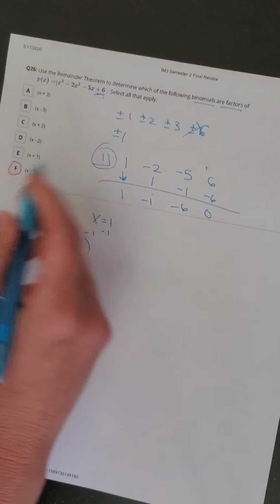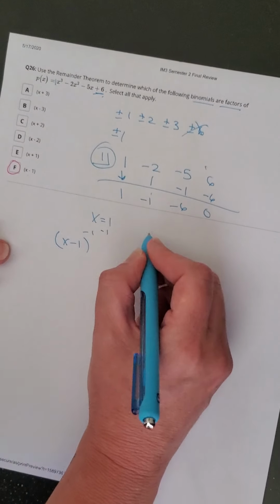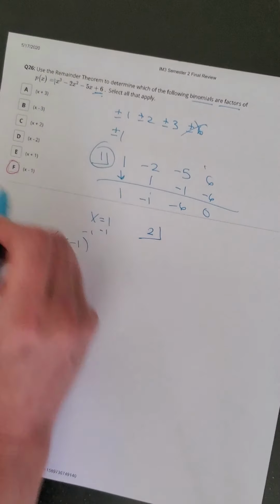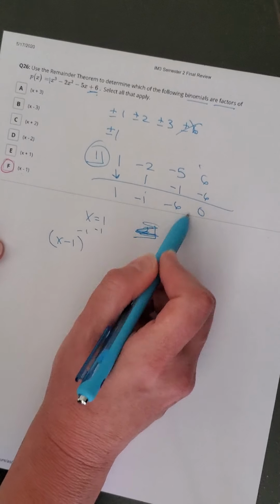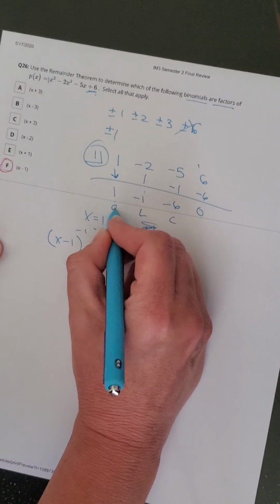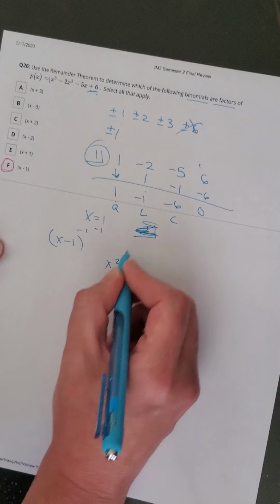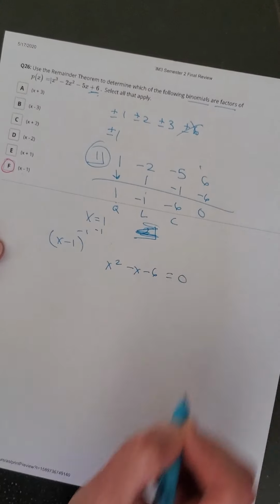Okay, let's try another one. I'll try 2. Actually, now that I have reduced this, I'll use this quadratic, and this is my constant, my linear, and my quadratic. So this is x squared minus x minus 6 equals 0.